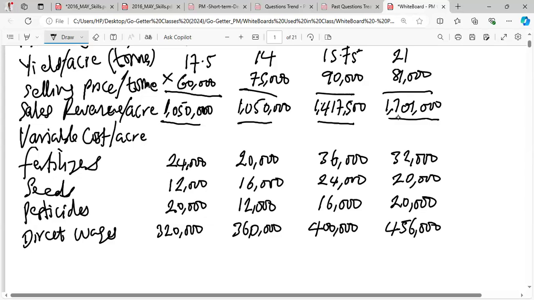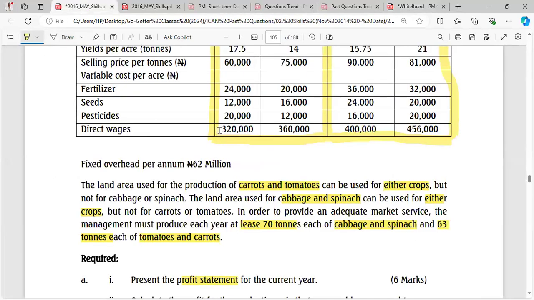Okay, so now let's confirm these figures.